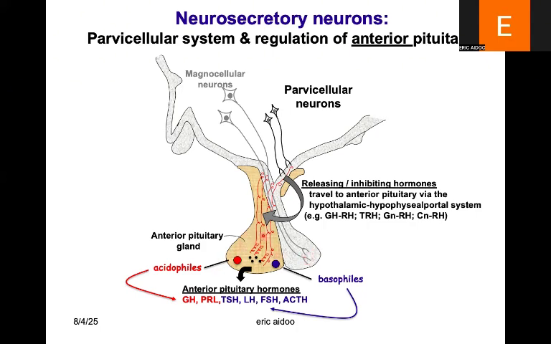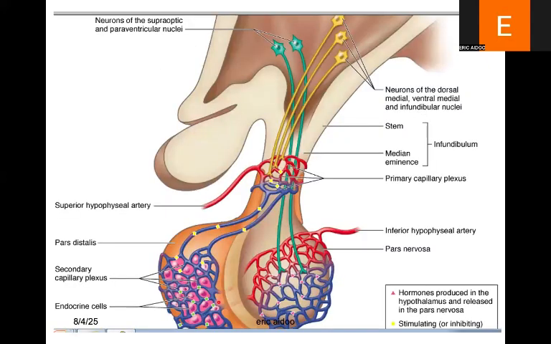Now, here in the anterior pituitary, we know that you have acidophiles and basophiles, which we mentioned earlier on. So the same thing is occurring here. That is the magnocellular system in green. Those nuclei, supraoptic and paraventricular, come all the way to the posterior pituitary and then integrate it with the blood vessels.